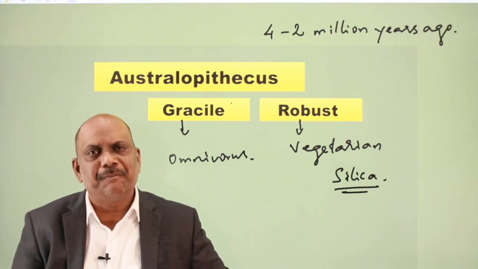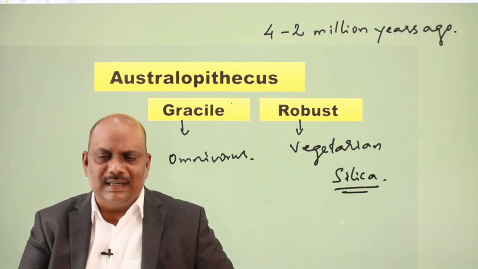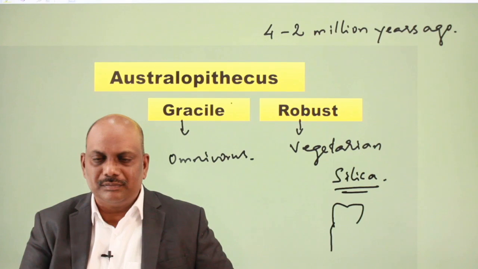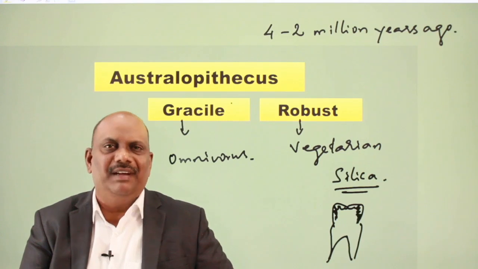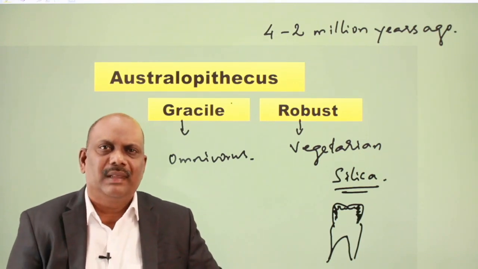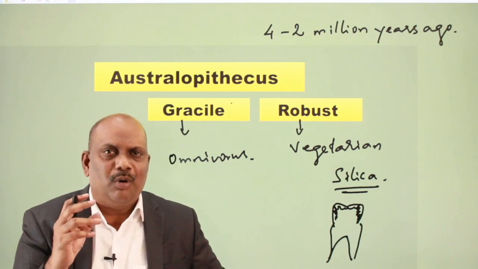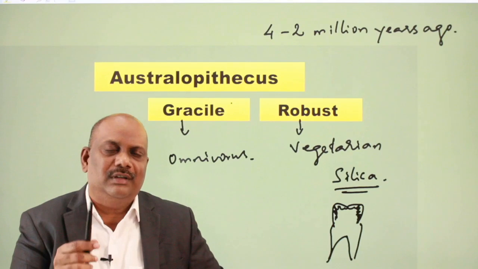As a result, the molars of robust show a greater wearing pattern, a wearing down of teeth. On the other hand, this was not the case with the molars of gracile.